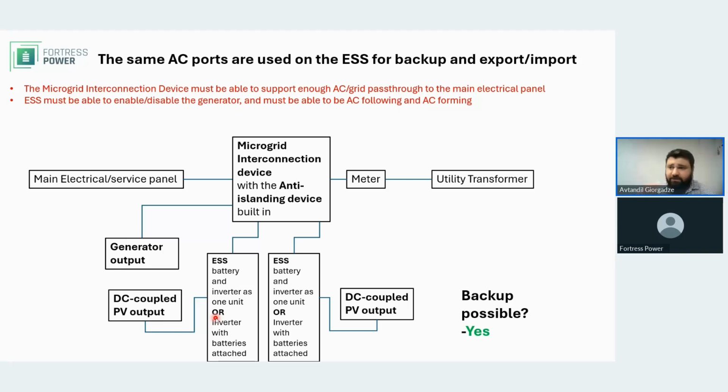So rather than inverting twice, you are just DC to DC charging, and anything that is DC and has to find its way to the AC, only then inverting takes place. Or if the generator or the grid is available, you invert the AC power from the generator or the grid once only to charge your batteries.